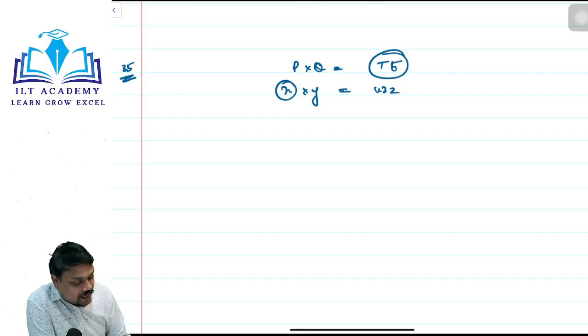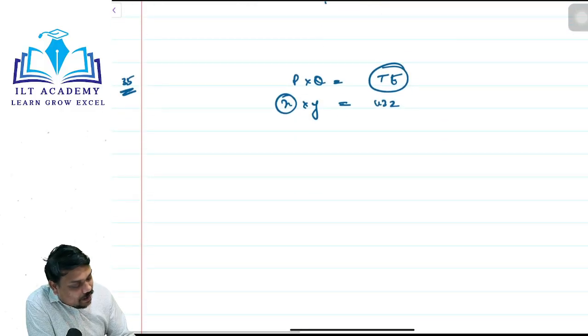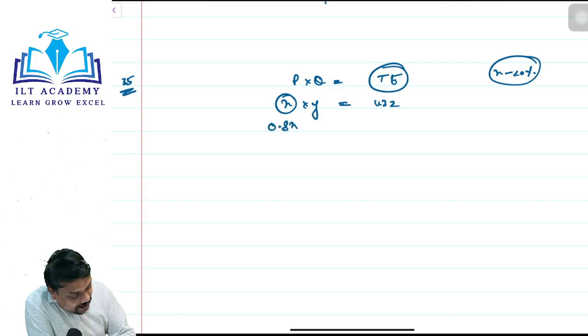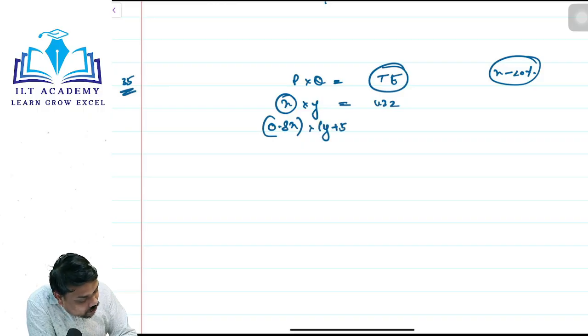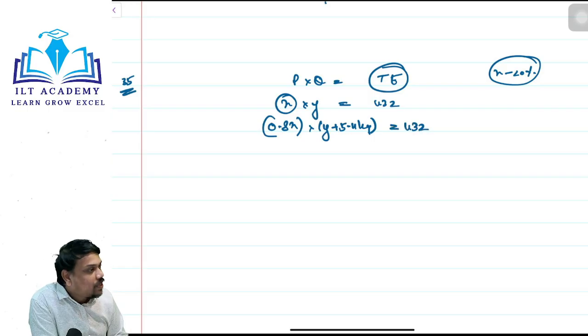This I know. Now what happened? My price has been reduced by X minus 20%, which is 0.8x. Clear? And I am getting Y plus 5.4 kgs. That still my expenditure is 432. Any doubts? Okay.